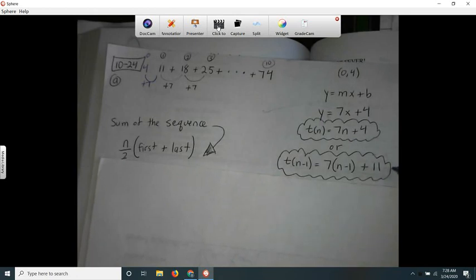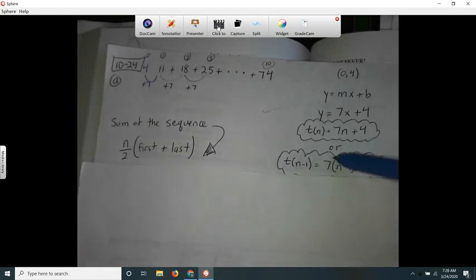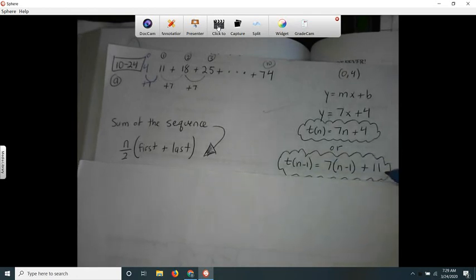See the first term? So then I wouldn't have to go backwards and find out what b was. But you'll also notice that if I were to distribute this 7, I'd get 7 times n, and then I'd get 7 times -1 is -7. Well, what's -7 plus 11? I think it's 4. So these are equivalent.